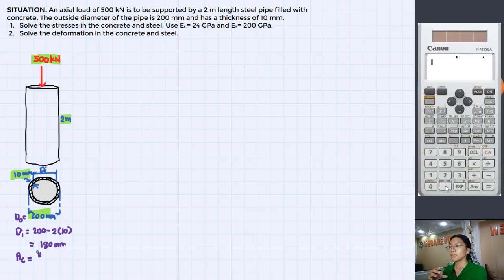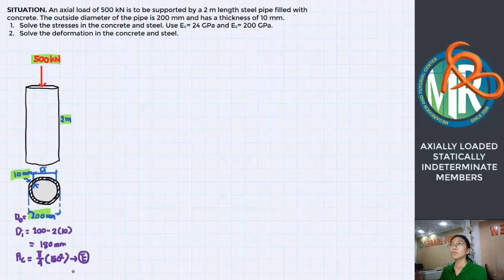So, the area would be the area of a circle, pi over 4 times the diameter of our concrete, 180 squared. This value, just store it in E in your calculator. Okay? So, I stored it here. I keep the area away because I have values reserved for variables A and B in the calculator, so I don't get confused. But for you, it depends on where you want to store it.